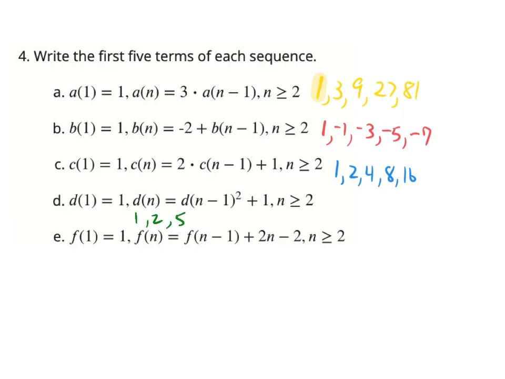Man, this is weird. Term 4 is the output of term 3 squared. Term 3 is 5. 5 squared is 25 plus 1 is 26.